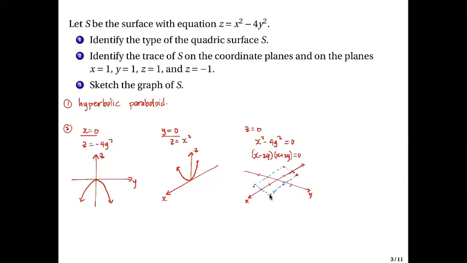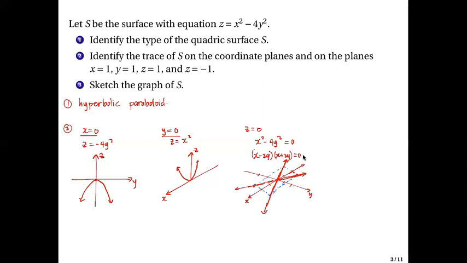And then the two lines will be something like this. This is one of the two lines, and the other line will be something like this.